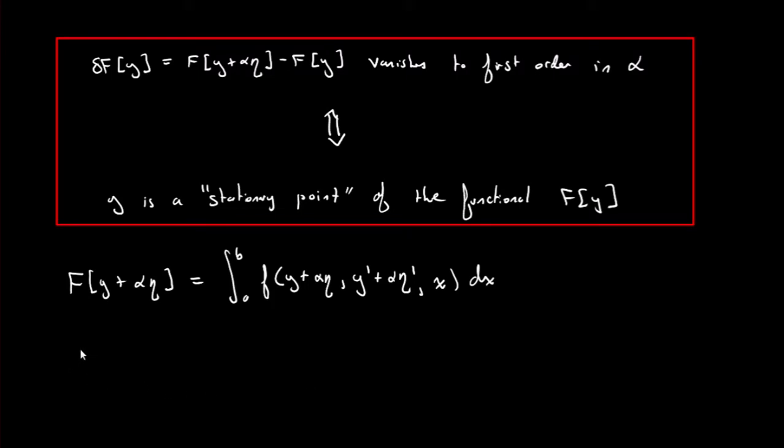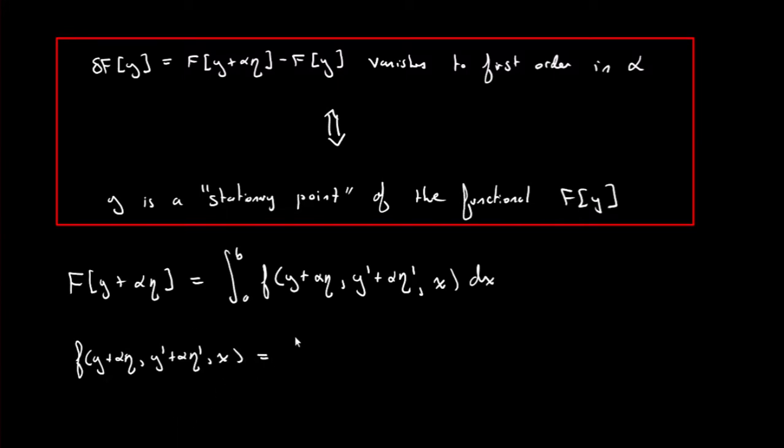To make any progress, really we're going to have to do something about that f, right? So we can use the tools we used before quite directly to get something useful out of this. So we write f of y plus alpha eta, y prime plus alpha eta prime, and x, well, we just use Taylor's theorem.